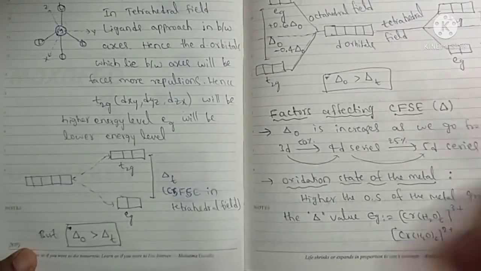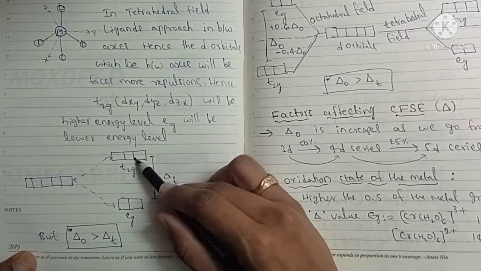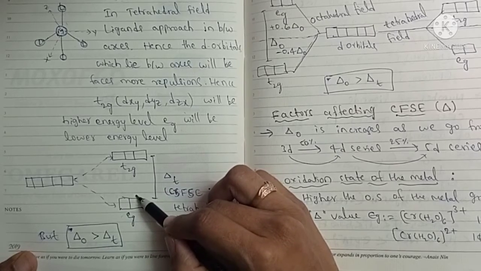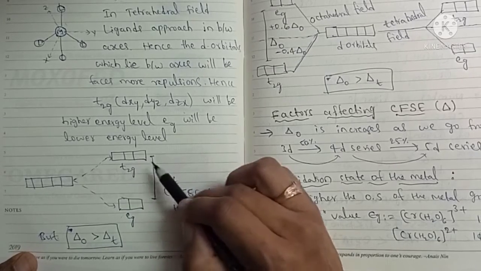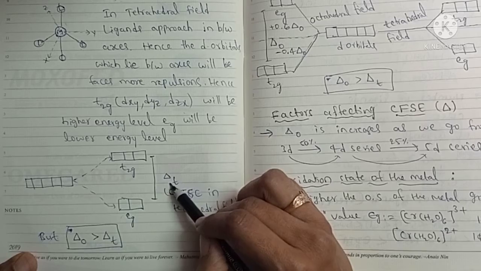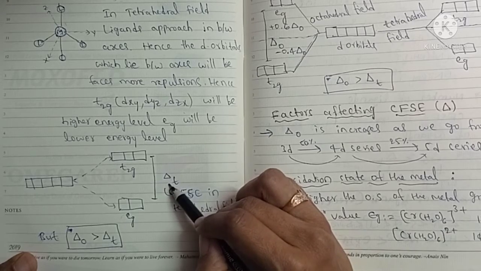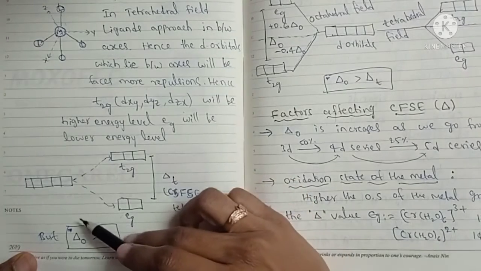If you compare this energy gap with the octahedral field, the tetrahedral field energy gap, indicated as delta T, will be lower. This gap is called the crystal field splitting energy, CFSE. In a tetrahedral field it is indicated as delta T, and this gap will be less than the octahedral field gap.